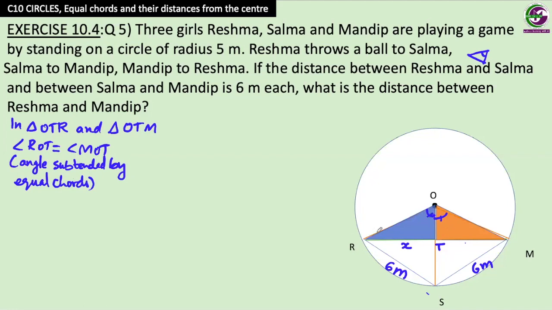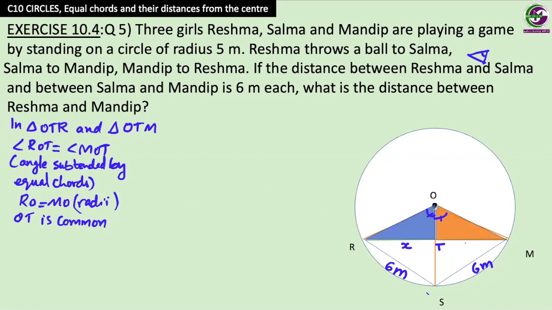So we have an angle. RO is equal to MO because both of them are radius, or radii. OT is common. So which property is applied here?